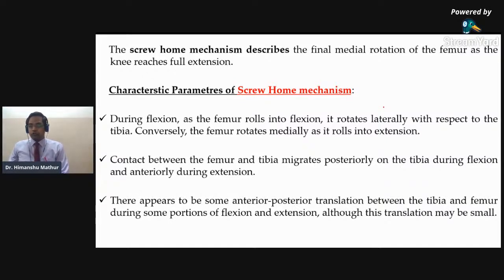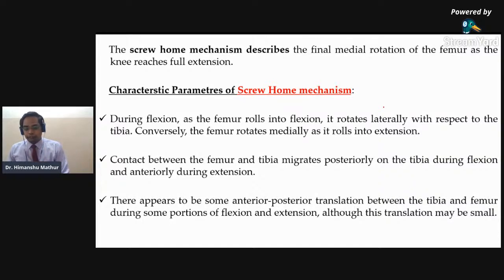Here the moving surface is the tibia, and the tibia is either flat or concave. The convex surface is fixed, but the concave surface is free to move when I'm talking about open kinematic chain. When the concave surface moves over the convex surface, yes, you have written correctly: the rolling and sliding will be in the same direction.